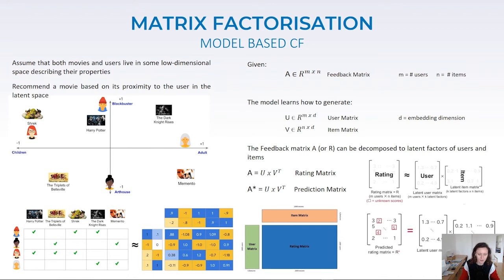After that, we calculate a new matrix, the prediction matrix, that we can call A star or R star, that is given by the product between the user matrix and the item matrix transposed, as you can see here.